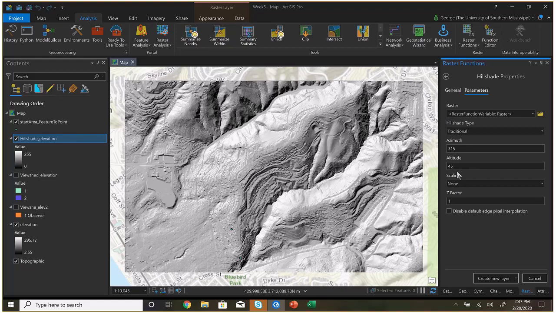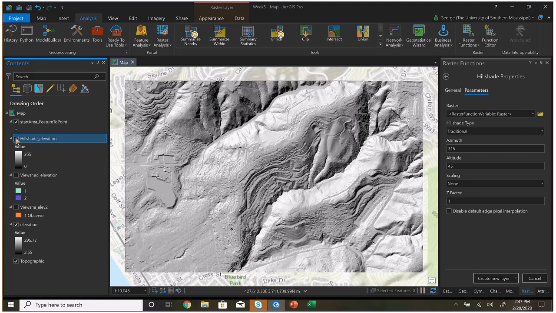So the sun's up in this position and it's shining down here. That's why these are brighter. Most people, your average map readers, will actually be able to interpret the elevation a little bit better this way than this way.